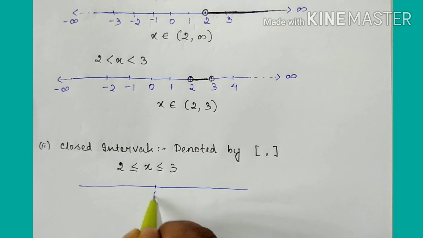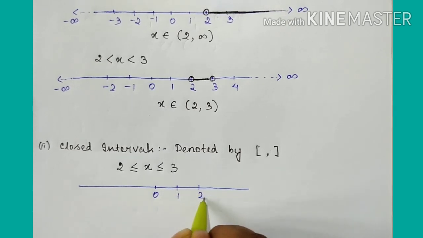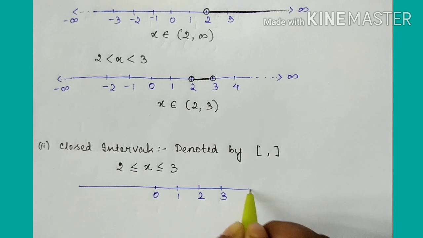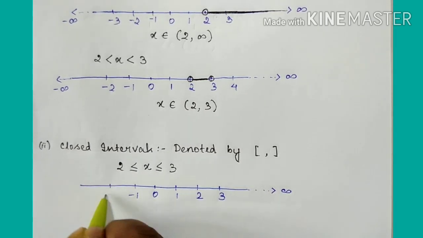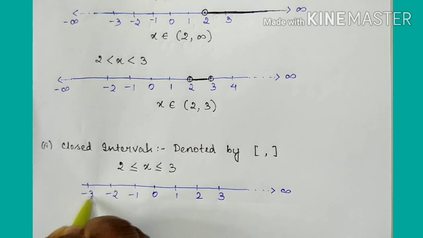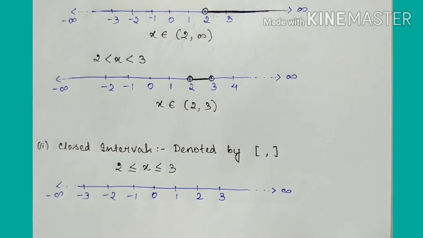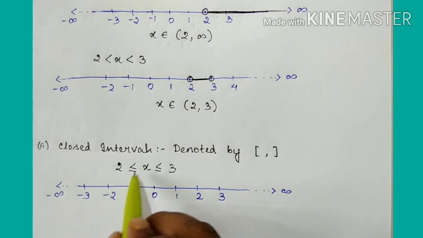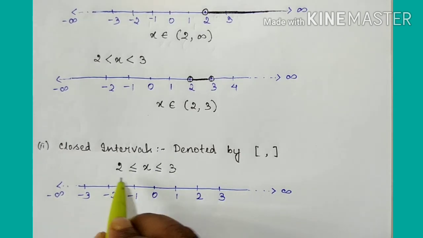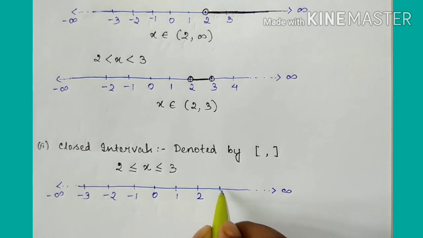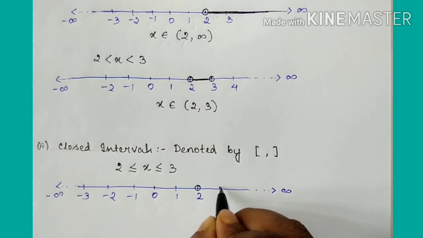Again we plot the points on the number line: 0, 1, 2, 3, and so on, and -1, -2, -3, and so on. Now here the symbol is less than or equal to, and our points are 2 and 3. So we will encircle the point 2 and point 3 on the number line.